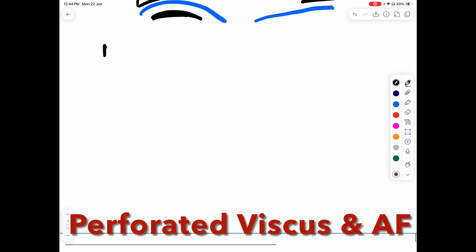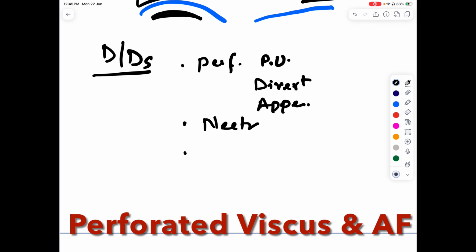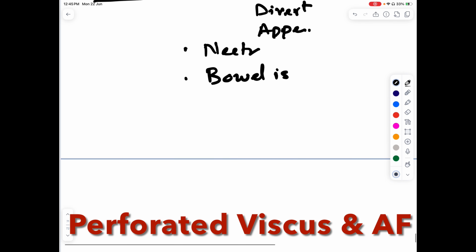You suspect perforation, peptic ulcer, diverticulum, or it can be appendix or any bowel, small bowel and all that. It can be necrotizing enterocolitis, it can be ischemia of bowel, and malignant pneumoperitoneum.